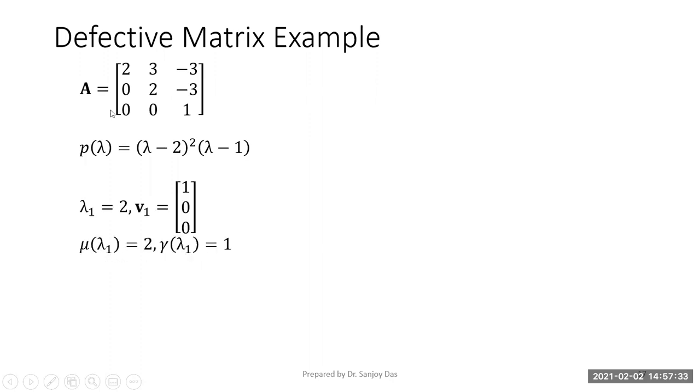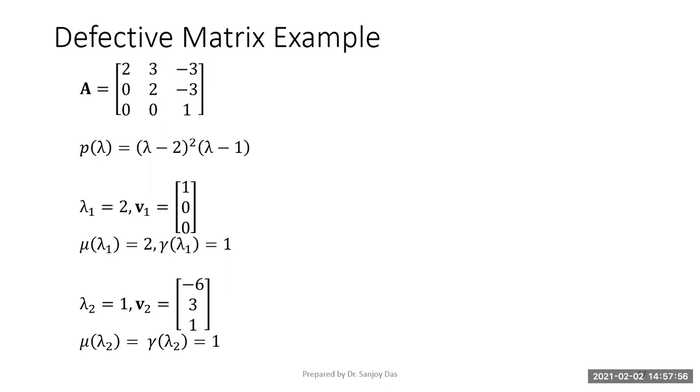This was one of the examples we saw earlier, and lambda 1 equals 2. Its algebraic multiplicity is 2, and its geometric multiplicity is 1, right? And so the eigenvectors here are just V1 and V2. So they can define a two-dimensional space, right? The span of V1 and V2 is a two-dimensional space, not 3 dimensions.